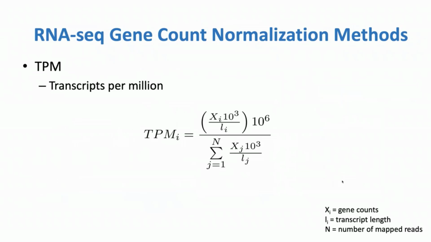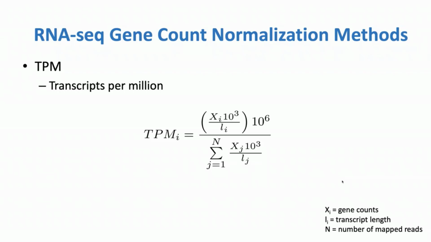Okay, and then one of the more popular ones is TPM. They're all kind of related to each other. TPM is kind of a mixture of CPM and RPKM, and this one also corrects for the transcript length.